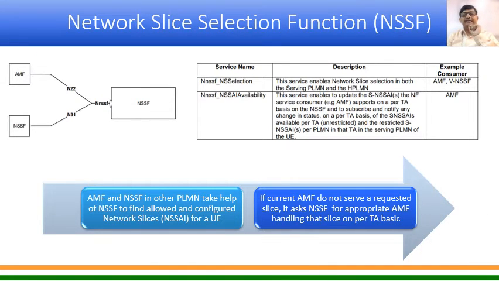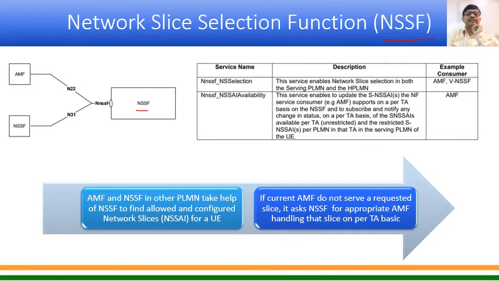Okay, so let us start from network slice selection function, that is NSSF. So what it does, let us look at that. As I said, every network function in a 5G network, being a service-based architecture, will expose certain services, right?